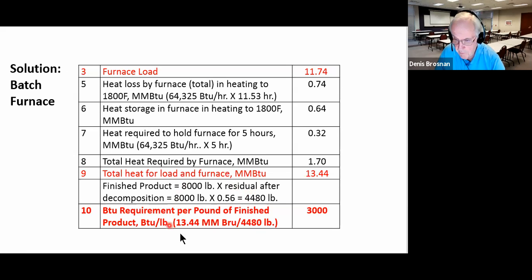So over here, if we take the 13.44 million BTUs and divide it by the 4,480 pounds of caustic lime we made, then we will have expended 3,000 BTUs per pound in making that product. So this number is the BTUs per pound of finished product. Okay, I showed you my calculation and got 3,000 BTUs per pound.